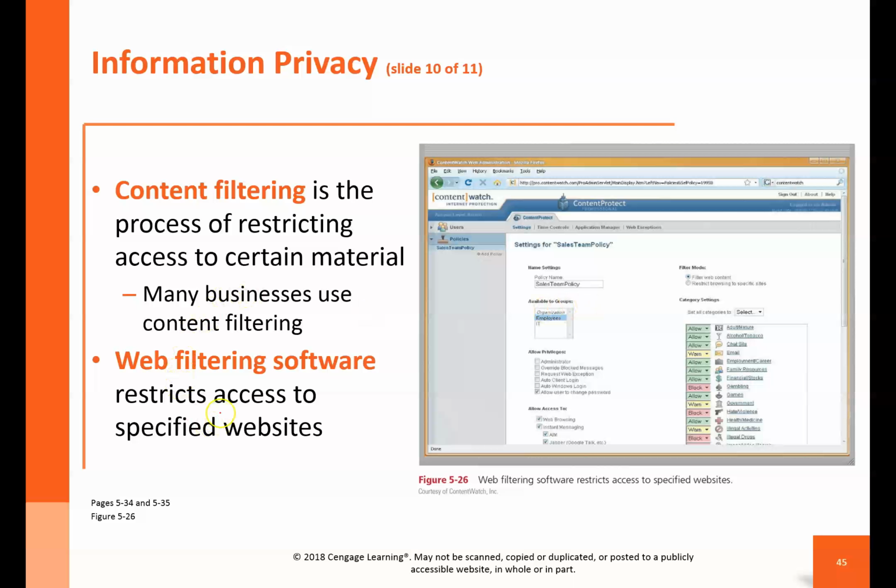And we can specify which website or which type of website is not good, and we want to block it, things like that. That's actually content or web filtering. Do use it. If you find some websites that you think are very suspicious, it can safeguard you from being exploited by information privacy issues.